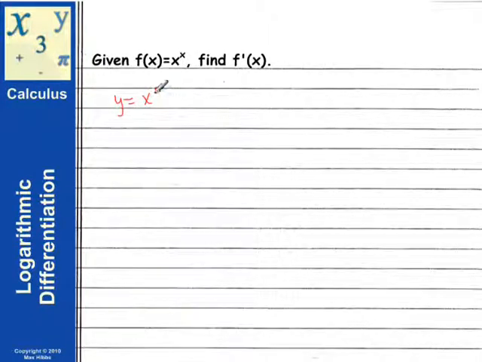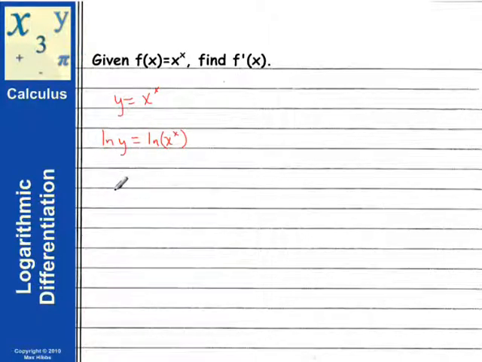So we'll replace f of x with y, and so we have y is equal to x to the x power. Our second step is to take the natural logarithm of both sides, and so we have the natural logarithm of y is equal to the natural logarithm of x to the power x. Make sure that we understand what's happening.